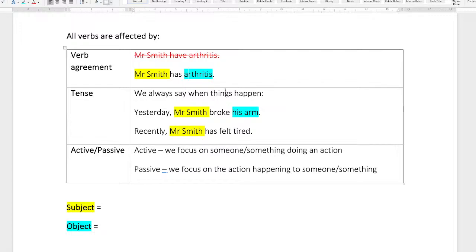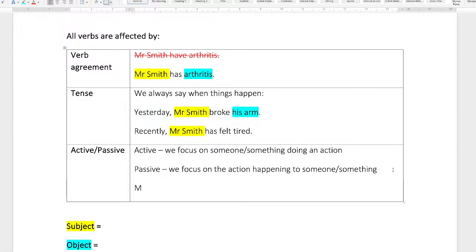The verb action. So if I wanted to turn this one here into the passive, what I would do is I would say, "Mr. Smith's arm was broken." Or I put "yesterday" at the beginning: "Yesterday, Mr. Smith's arm was broken." So now I've got Mr. Smith's arm as my object, and my verb has changed. It's gone from "broke" to "was broken."